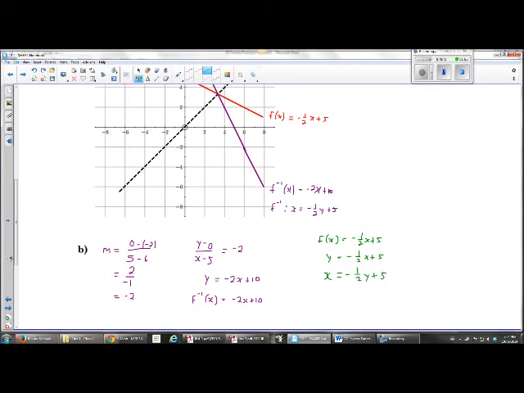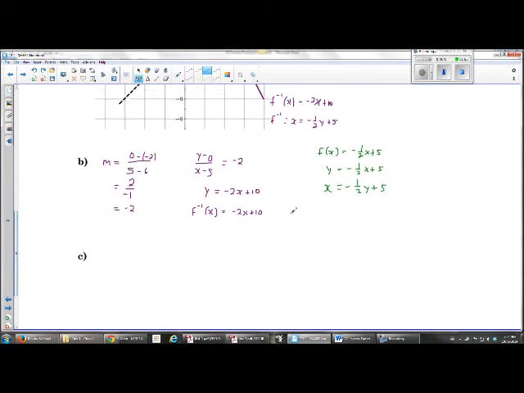Now we solve for y. Subtract 5 from both sides, so x minus 5 equals negative 1/2 y. Then multiply both sides by negative 2, so negative 2x plus 10 equals y.